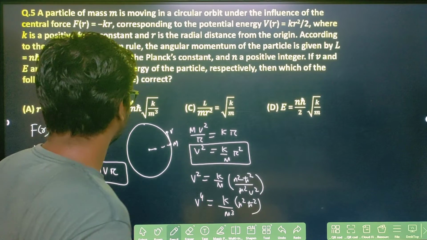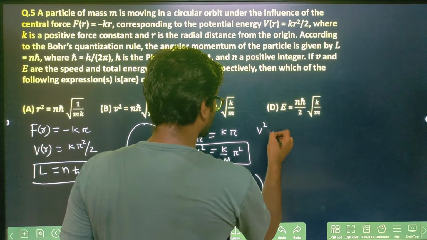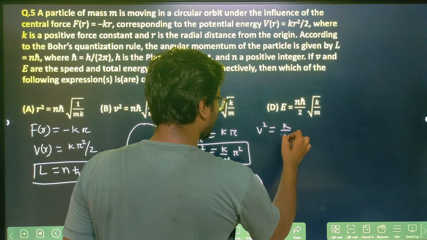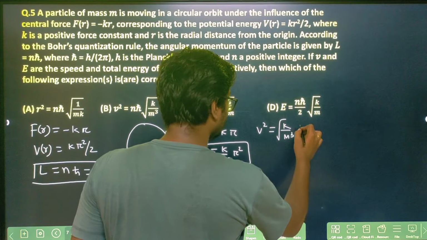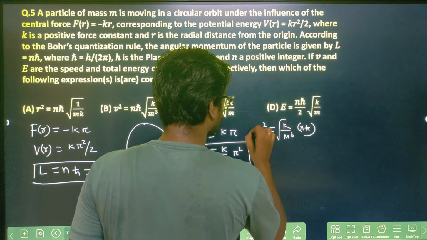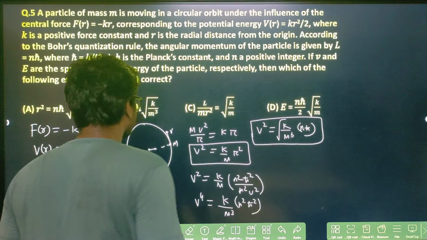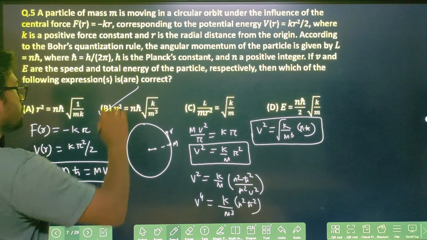So v square will obviously be k by m, root over, n h cross, right? So you see here, k by m root n h cross. So option B is correct.